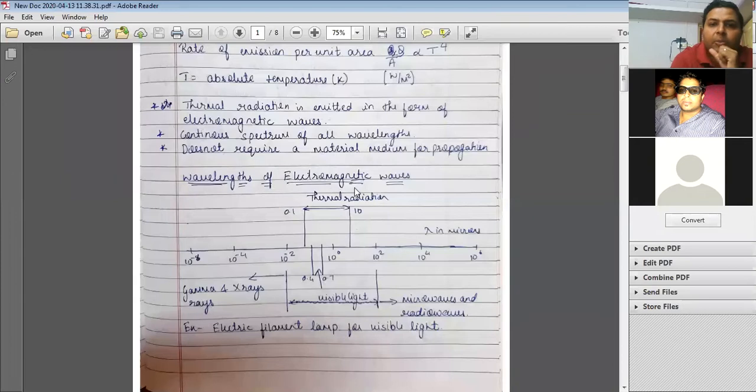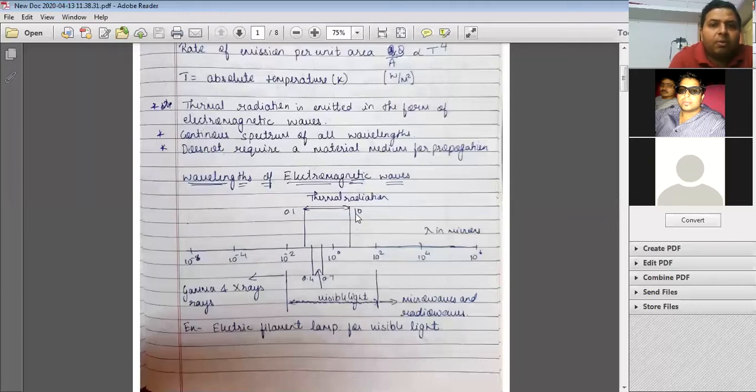This very first sentence gives me that for all the temperatures, I have electromagnetic waves which have been emitted. This is my diagram for the electromagnetic wavelengths.